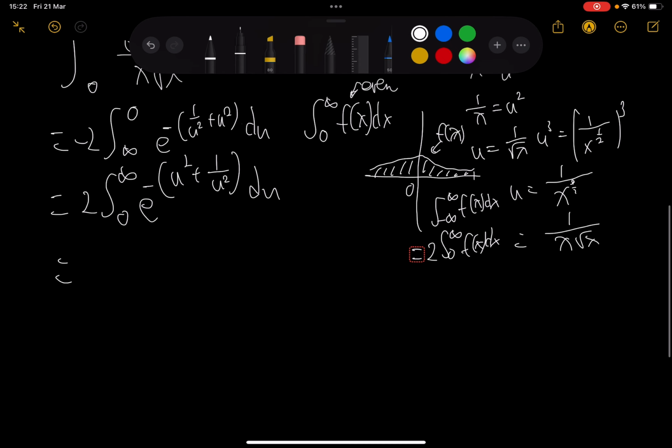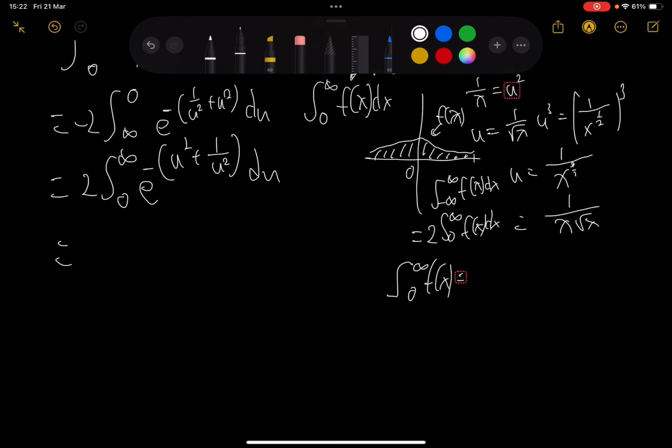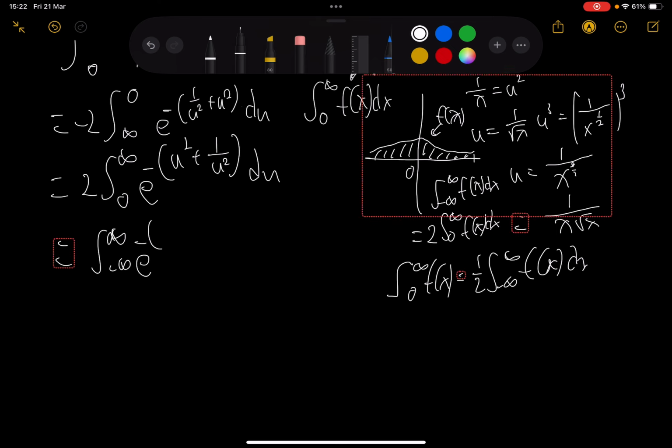Therefore, I'm going to change this as 1/2, multiplied by 1/2 on one side, so you can get something like this. Therefore, this and this just cancel each other. Therefore, you can get u squared plus 1/u squared du.